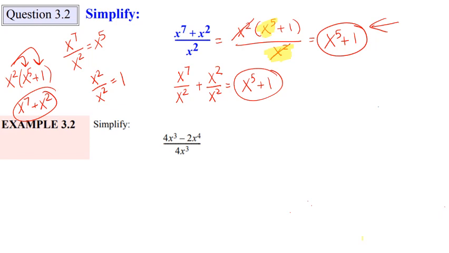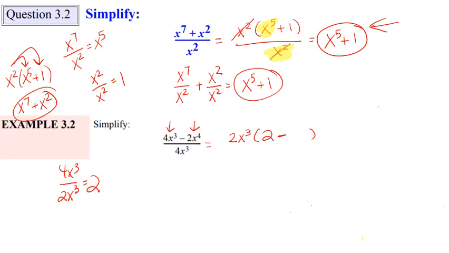All right, so let's do the next one using the GCF way. The greatest common factor between 4 and 2 is 2. And the GCF between x cubed and x to the fourth, as I said before, is the smaller exponent. So when I take this 4x cubed and divide it by the GCF I found, that's going to be 2. So 2 goes in here. I'm going to copy the sign that's there.